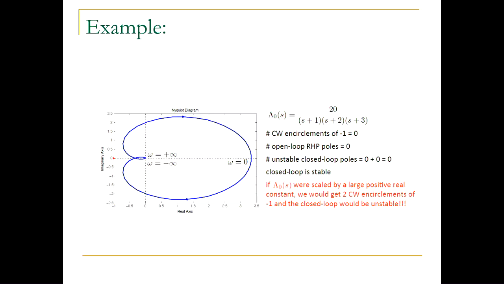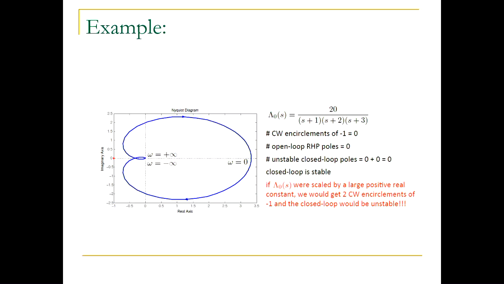How do we count these clockwise encirclements? Note, as omega goes to infinity it is this point, but it comes, this is the bottom part, and now the critical point is inside. So as I go around, I go this way, and this is the first clockwise encirclement. Then from this point here, I encircle it again. Why have I encircled it?